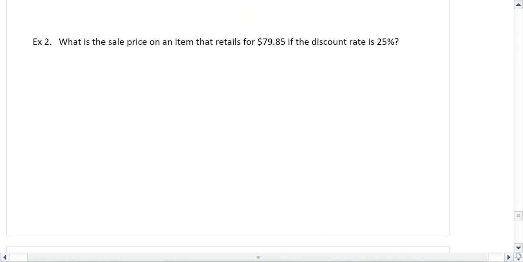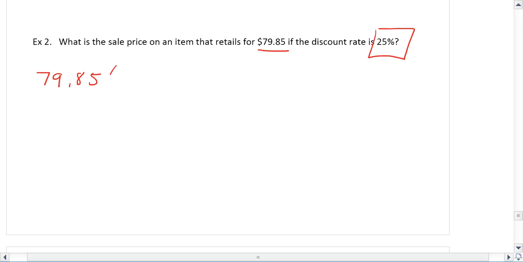All right, in this next example, we're finding the sale price, which is what we all like to see. So there's an item that has a retail of $79.85, and it is going to be marked down 25%. So again, a couple methods. First, we could just find what the discount is.